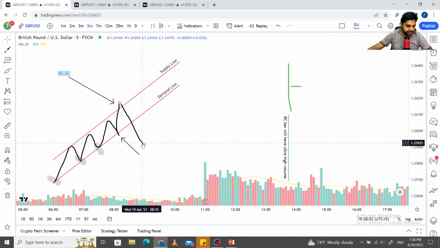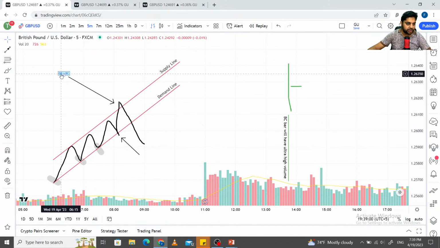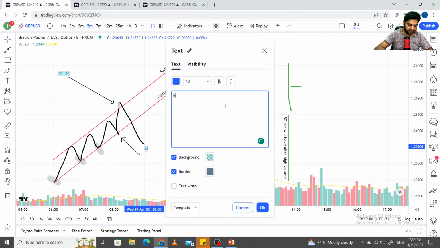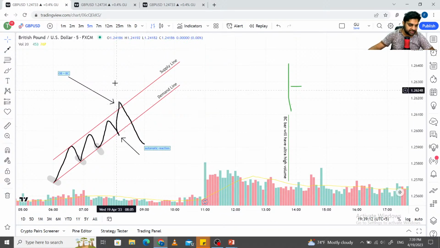The market goes down. Why? Just to show you that if this was a buying climax, then this one right here is the automatic reaction. We will call this automatic reaction. The market has come down, and now the market is due to go up and test this level.